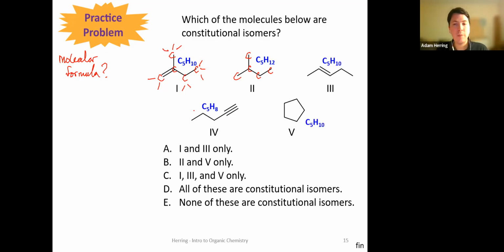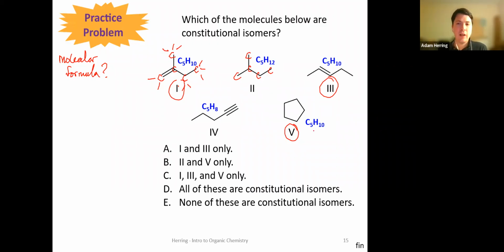We'll get more into depth on this later, but hopefully you notice something here. Molecule 1 and molecule 3 both have 5 carbons in them, and they both have a double bond. It turns out that, in and of itself, is enough information to tell you that they're, excuse me, constitutional isomers.